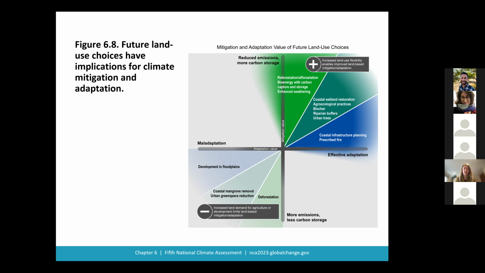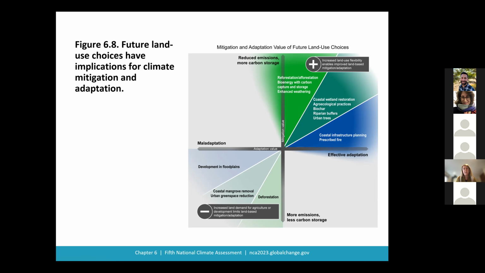The lower quadrant of the figure shows land use choices that can result in more emissions and less carbon storage, such as deforestation, or more maladaptation, such as development in floodplains, or some that do a little of both, such as reduction of green space in urban areas.